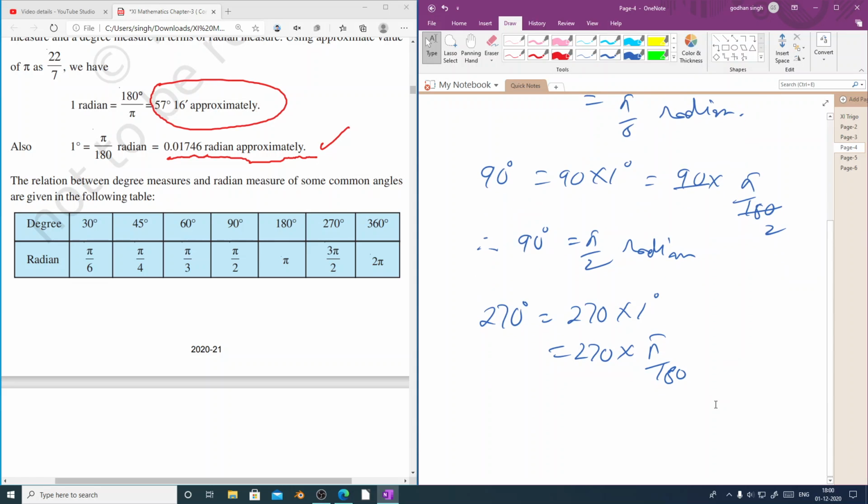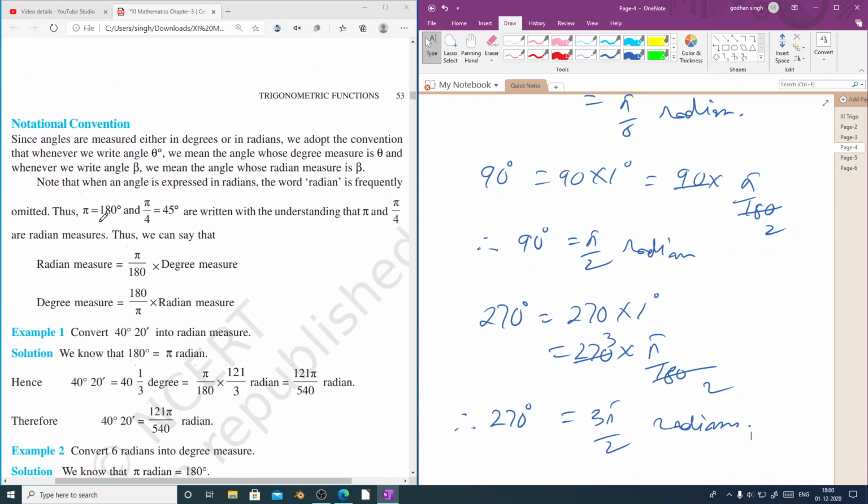On simplification we get 2 for 180 and 3 for 270. So this will become 3 pi by 2. Therefore 270 degrees equals 3 pi by 2 radians. So this is how we can convert degree into radian and radian to degree.